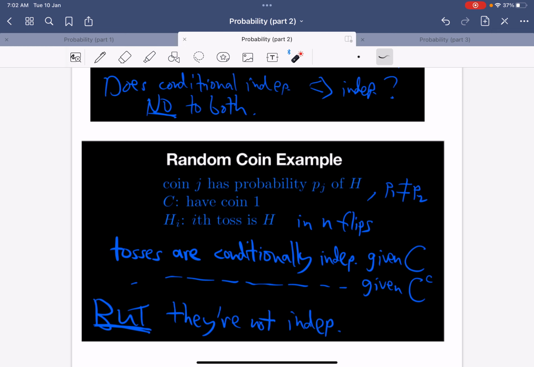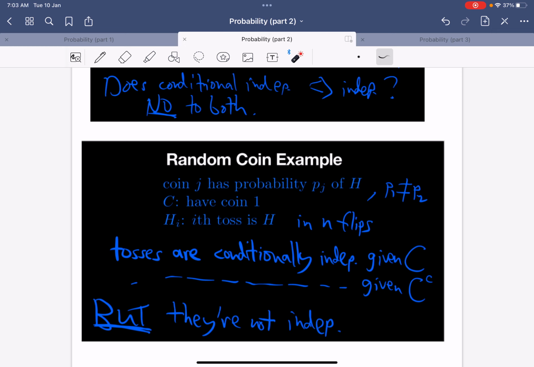Let's say C is the event of having coin 1 chosen, and then you toss that coin repeatedly, and the ith toss is H. Well, then the tosses are of course conditionally independent of each other given C, because once you have chosen a coin, tossing it is just like tossing a normal coin. And so they are independent of each other given that you know something, and because of that they are known as conditionally independent.